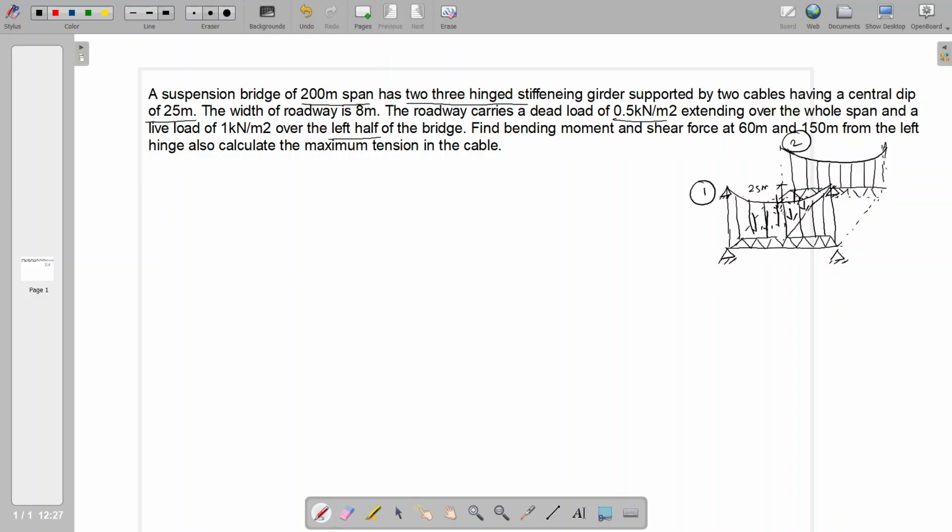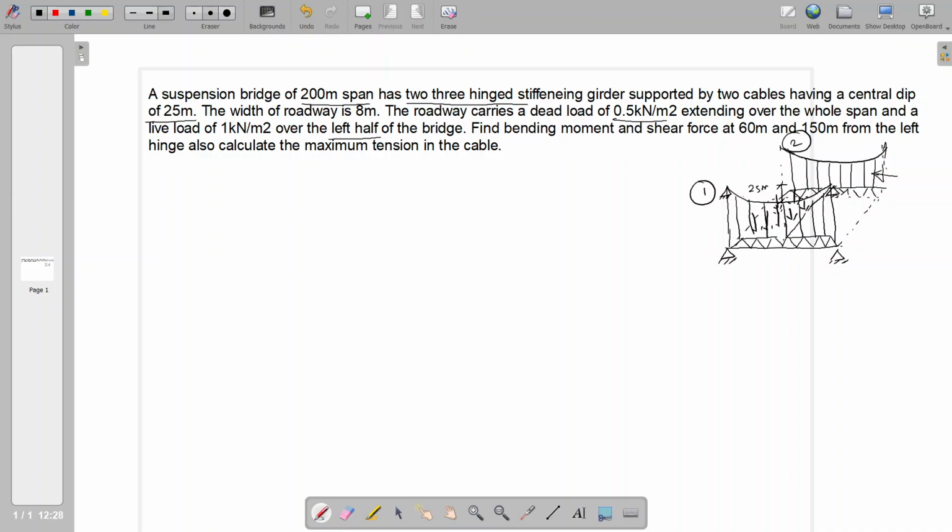The half of the road width is fully covered with a particular live load of 1 kilonewton per meter square, and the dead load is normally the self weight of the cable, which is also specified as an area load. So we have to convert into a UDL for our calculation.